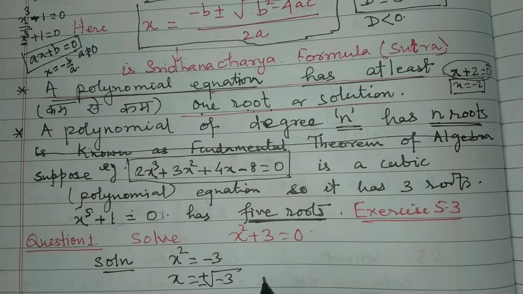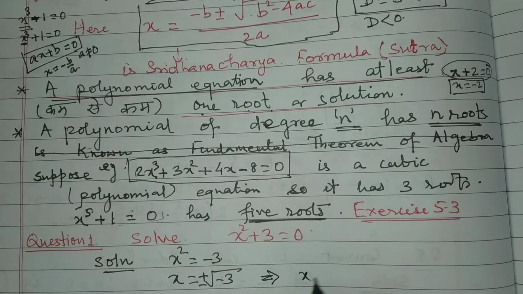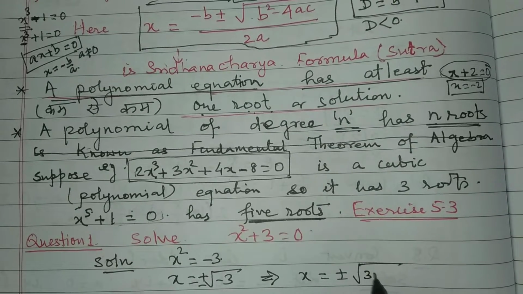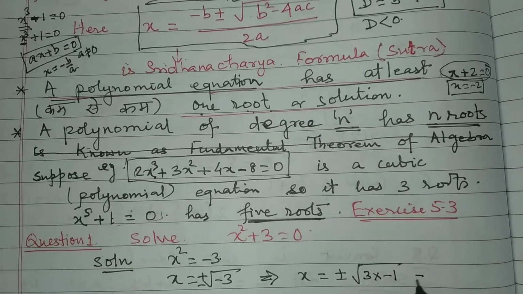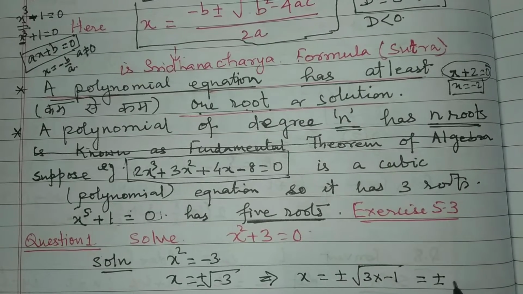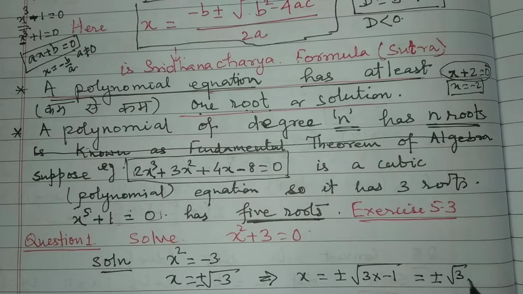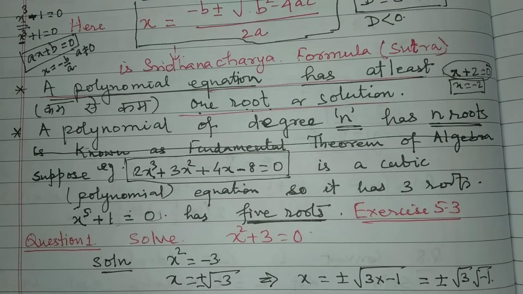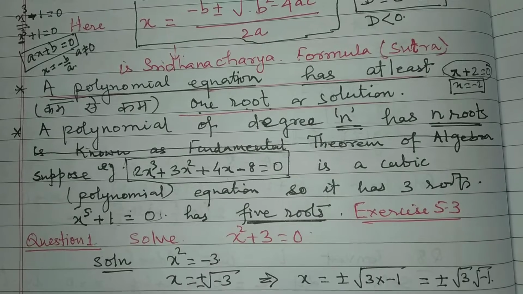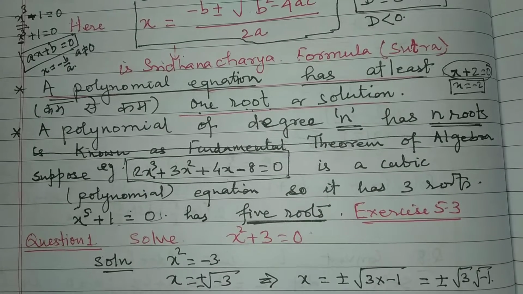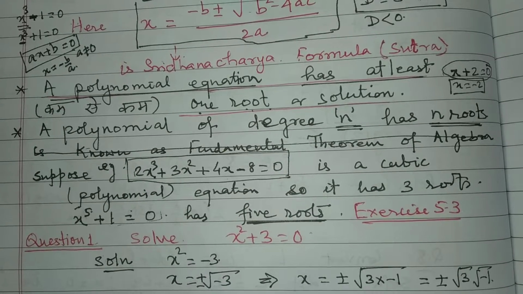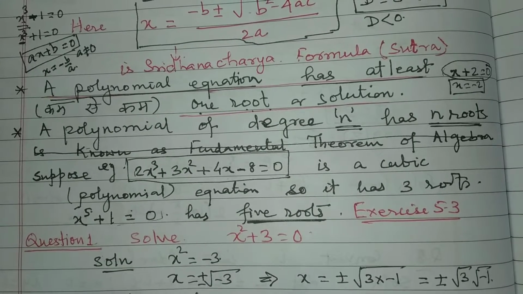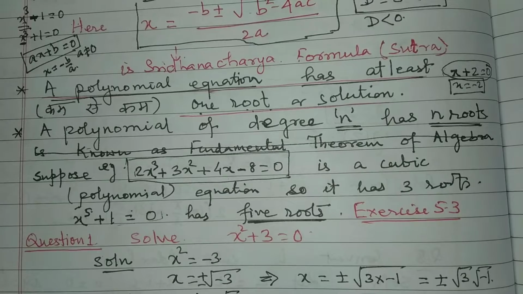So x is equal to plus minus root under 3 into minus 1, you can write, and plus minus root 3 into root under minus 1. This implies that x is equal to plus minus root 3 into iota, since iota is equal to root under minus 1.